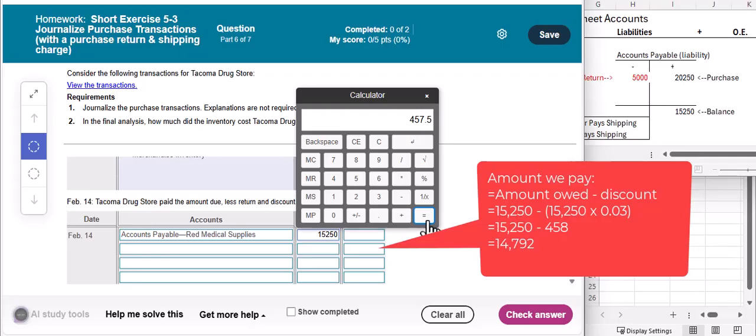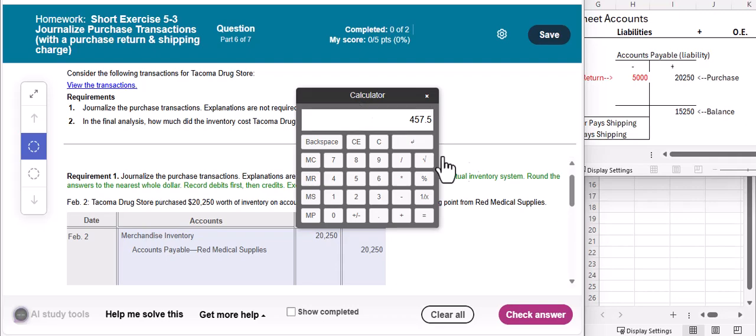That gives us $457.50. However, this wants us to round to the nearest whole dollar, so we will round this to 458. You can see it says round answers to the nearest whole dollar right here.